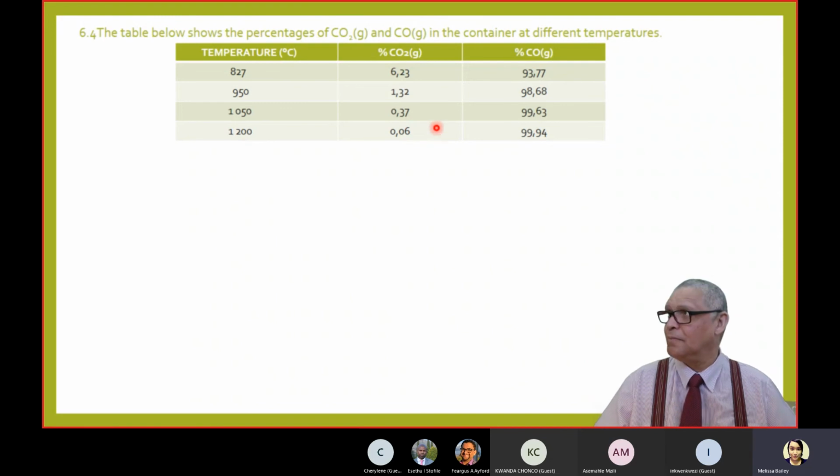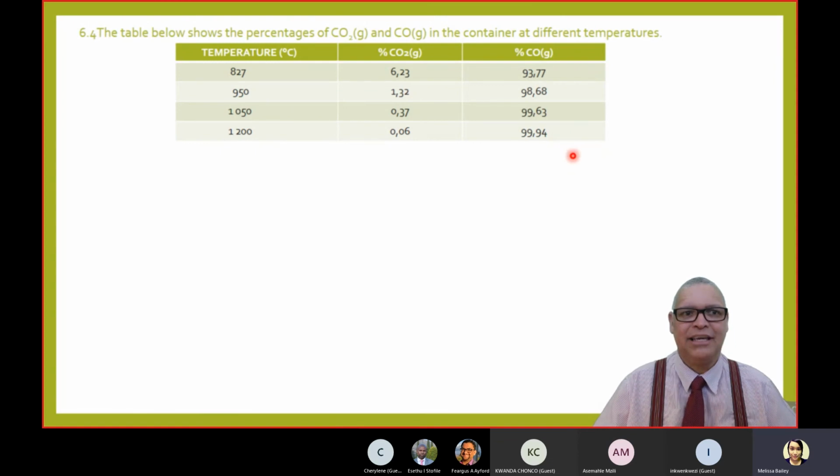Then we have our carbon monoxide percentages: 93.77%, then 98.68%, then 99.63%, then 99.94%.